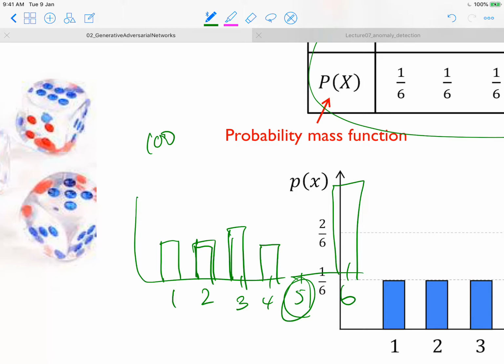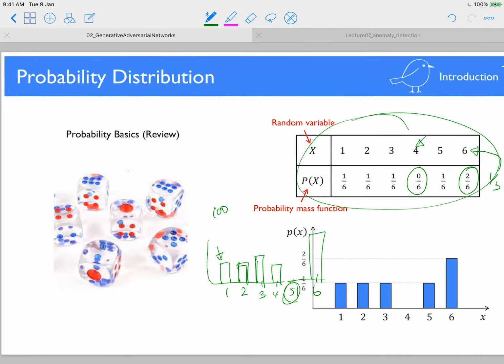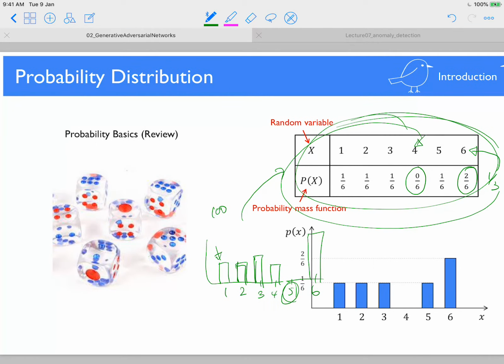So given this empirical observation of just counting how many occurrences of a particular value that we see, we can estimate this true or ground truth probability table based on this empirical histogram.